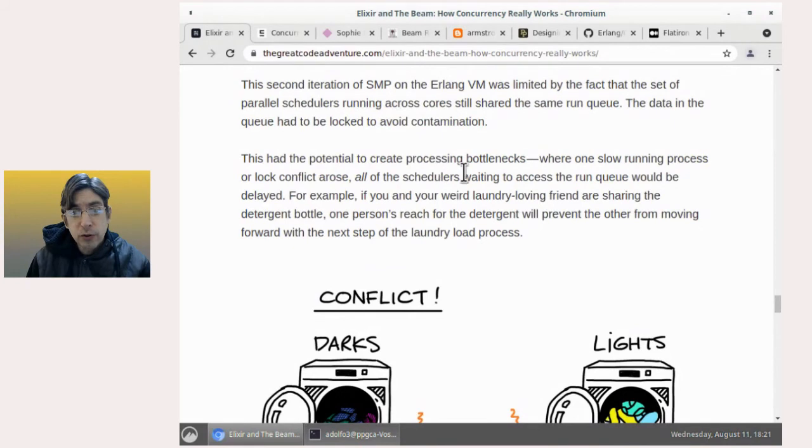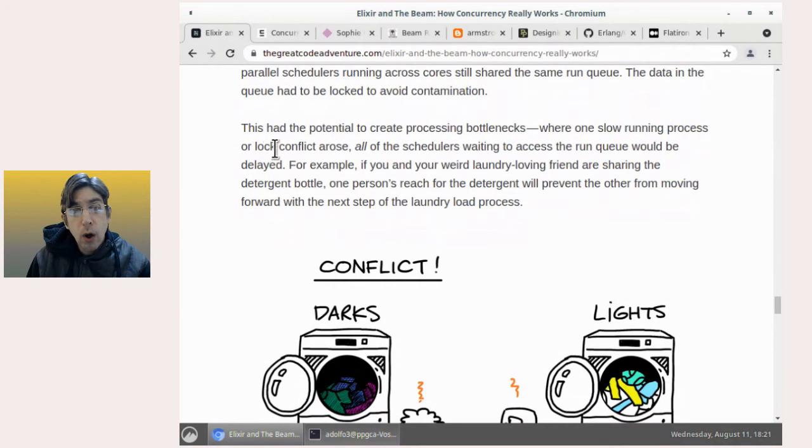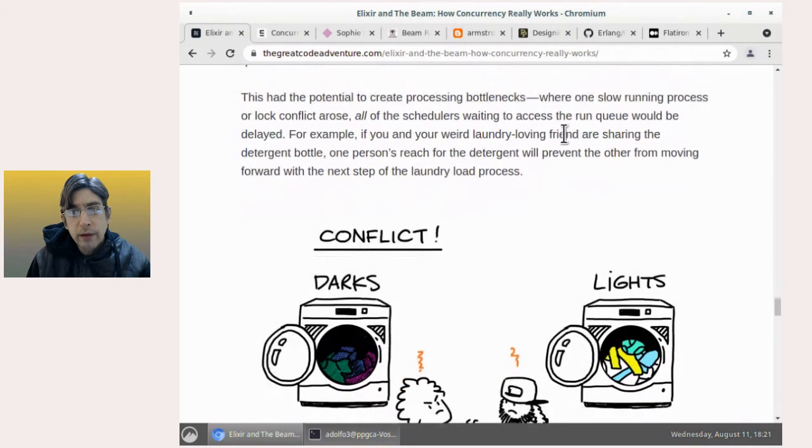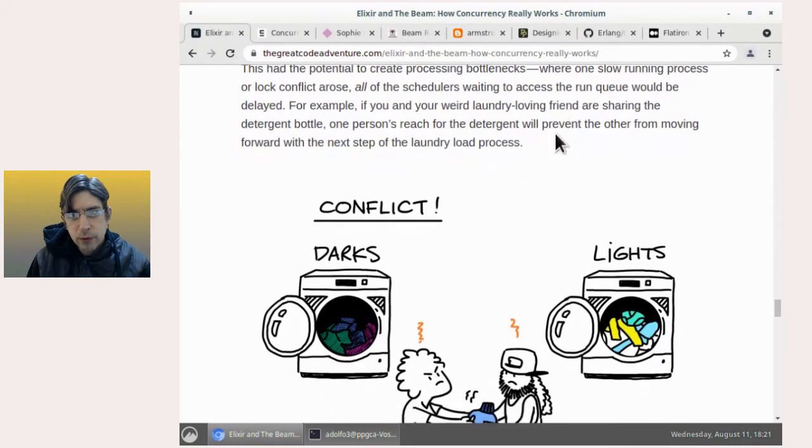This had the potential to create processing bottlenecks: where one slow-running process or lock conflict arose, all of the schedulers waiting to access the run queue would be delayed, having to wait to get another task from the run queue.